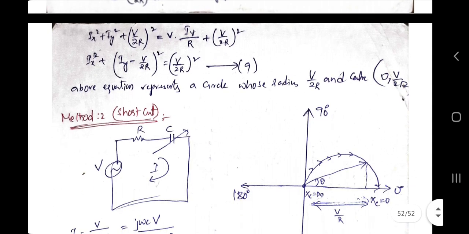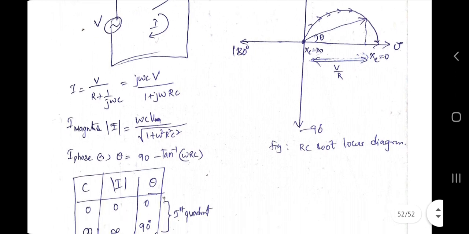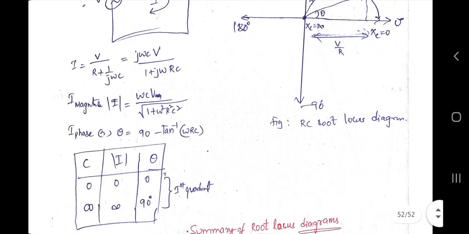So this is one method to obtain the resultant when the resistance is fixed and the capacitance is variable. Now the second, shortcut method: we need to see how the value should be varied. If XC comes to 0, then the phase angle is 0 and the magnitude is 0.